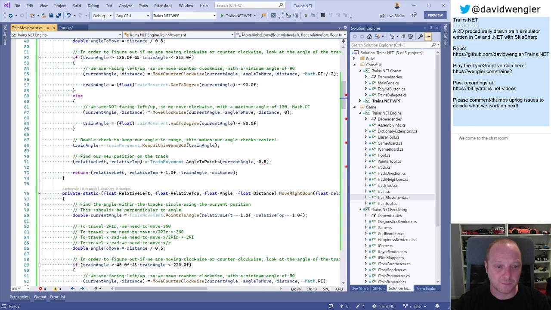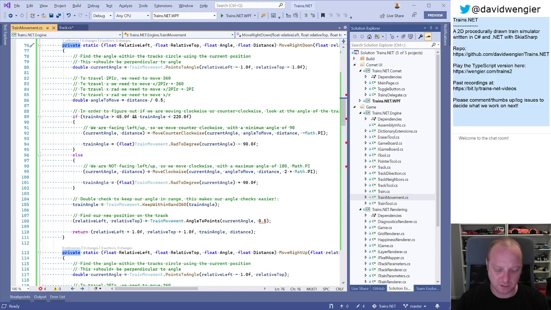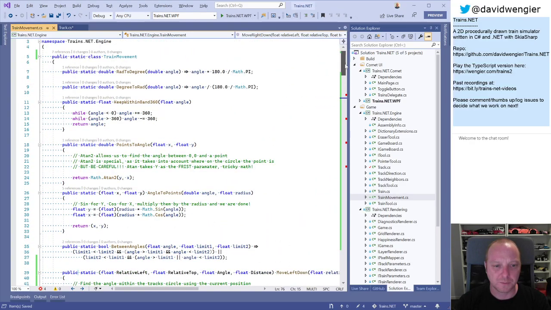So is there a key combo for select all? Is it Alt Shift semicolon? Yes. Hello. Awesome. Alright. The doubles and the floats are a little bit annoying too, but that's life.